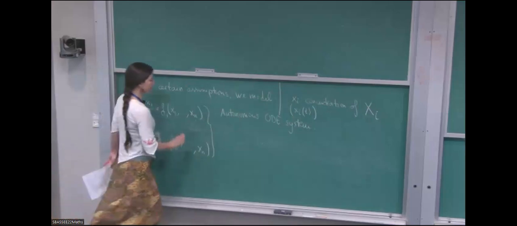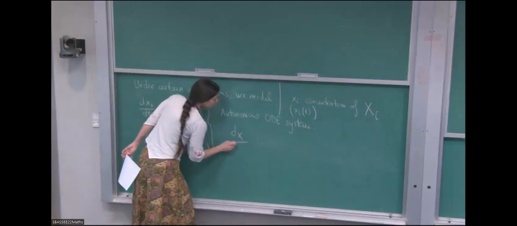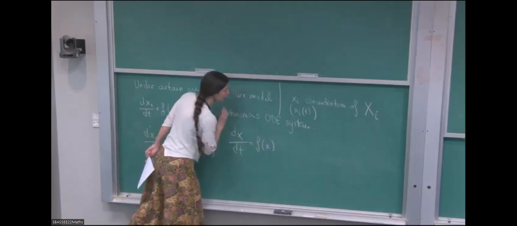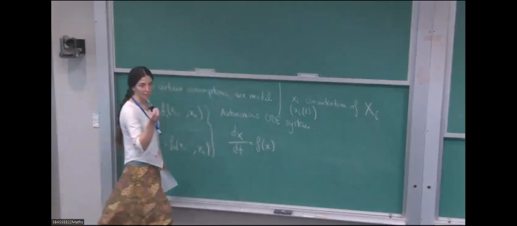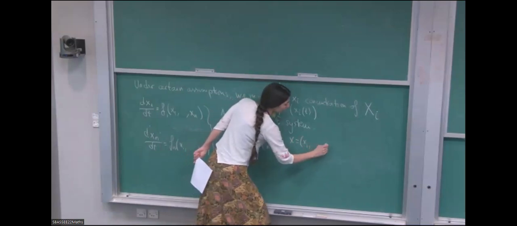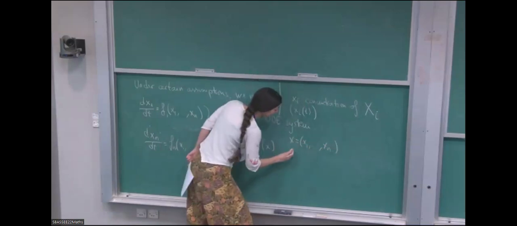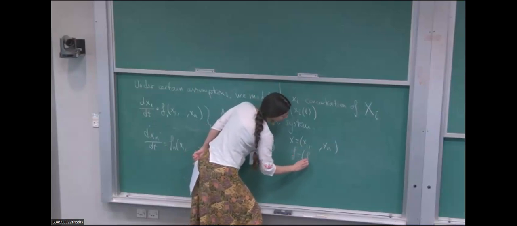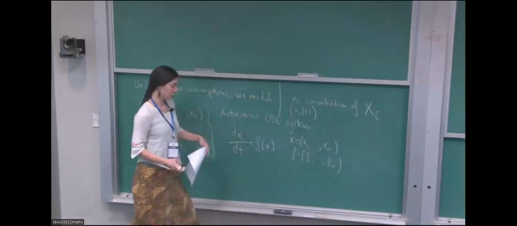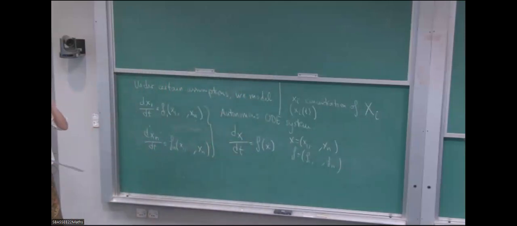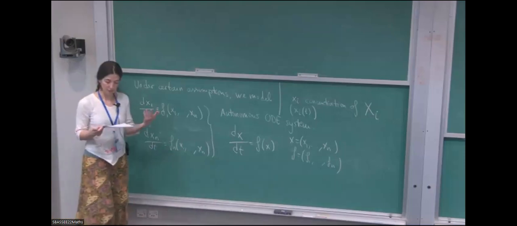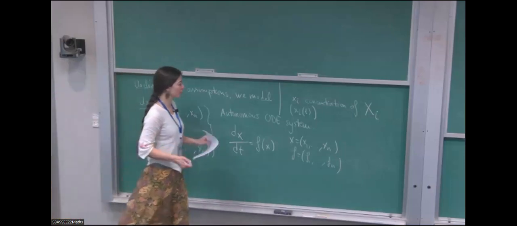And we will abbreviate the system like this, where x is n variables, and f is n functions. So these functions we call the species rate or the species formation rate functions.